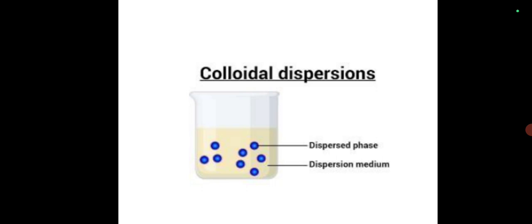This is an image for easy understanding. In this image, the water molecules consist only of solvent, which means it is the dispersion medium. The particles in blue color are the dispersed phase, distributed throughout the dispersion medium.